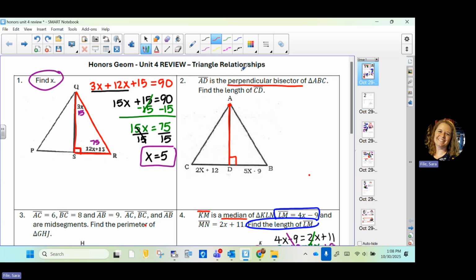But technically, a perpendicular bisector does not have to go through a vertex. Okay, the type of triangle that this is, it looks like it's an isosceles. And maybe it's not drawn to scale, but the way that this is drawn, it's coming from vertex A. It does not have to.